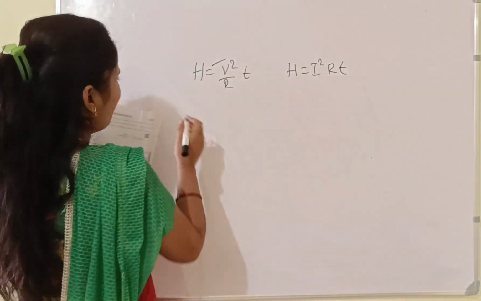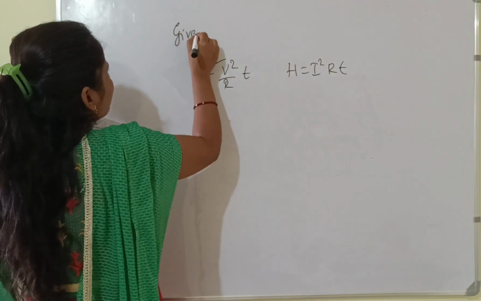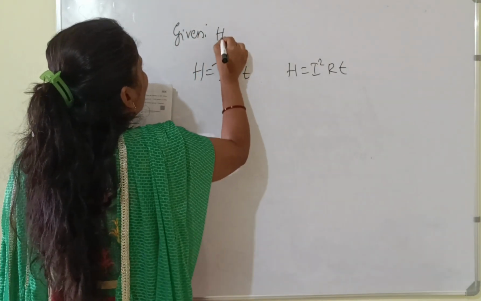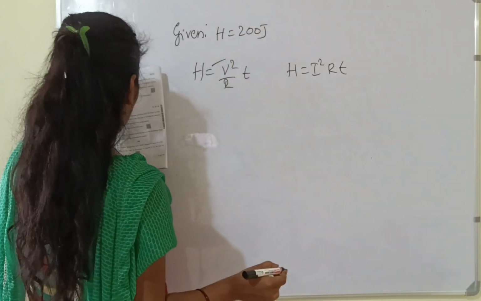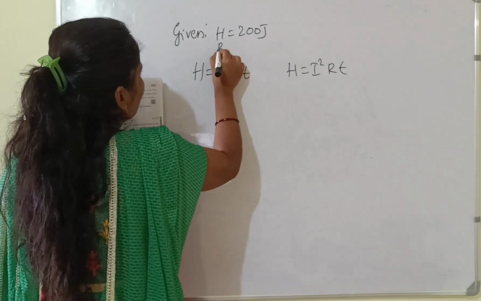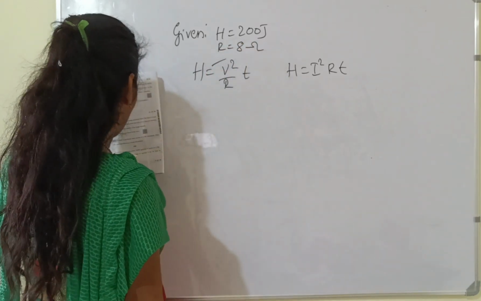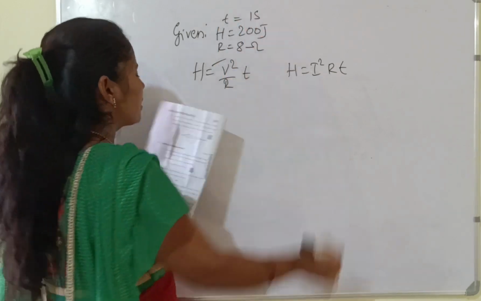First you have to write what is given. Heat given is 200 joule, resistance 8 ohm, each second, so time will be 1 second.